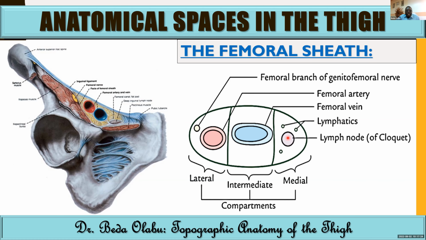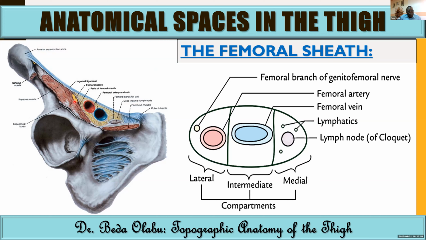Within the femoral canal, there's a lymph node. They are part of the deep inguinal lymph nodes. We call it the deep inguinal lymph node, or the node of Cloquet. This particular lymph node is the one that drains the glans clitoris and the glans penis. So the tip of the clitoris and the tip of the penis are drained by this particular lymph node.